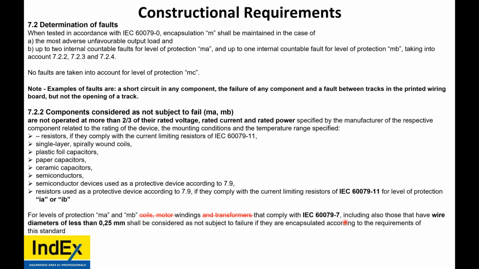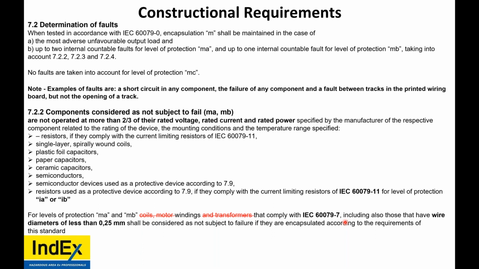Now, components that are not subject to failure for EX, MA, and MB will be the following, as long as they're not operated at more than 2/3, 66% of their rated voltage, current, and power as specified by the manufacturer.